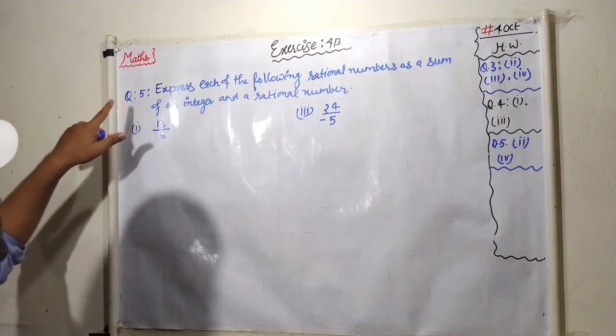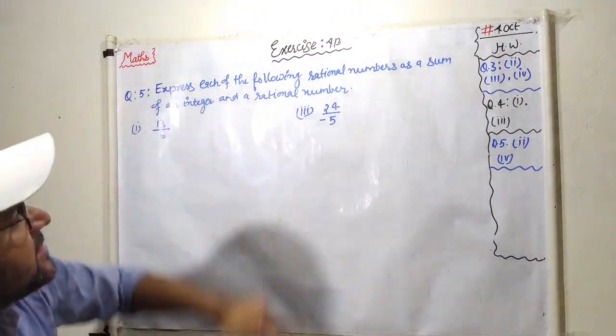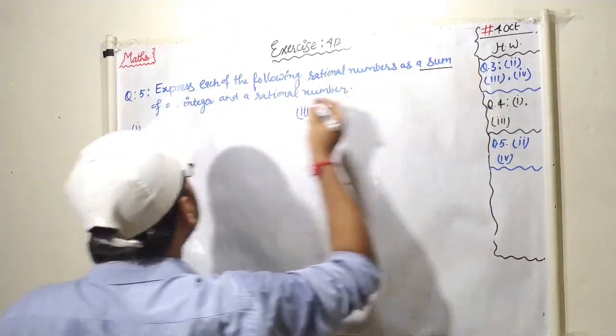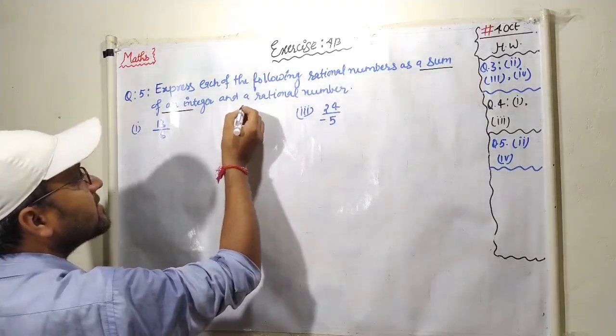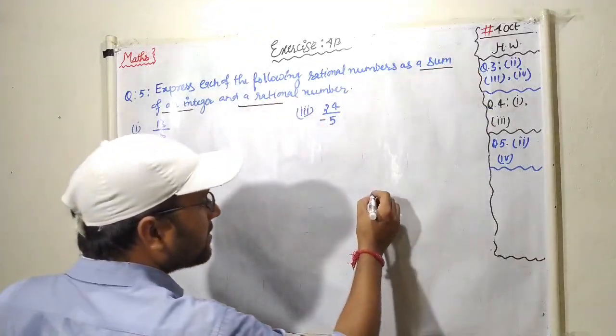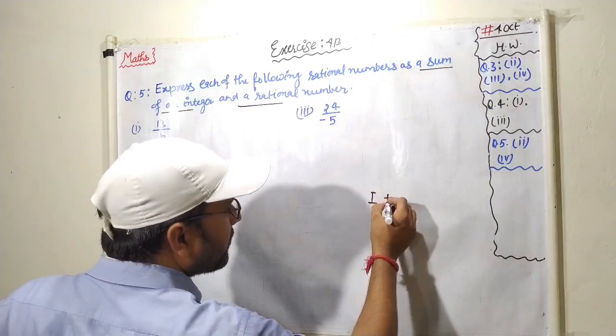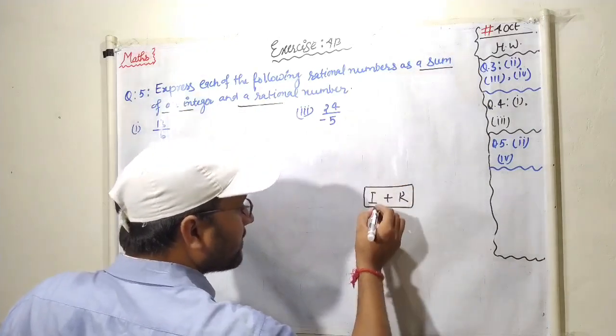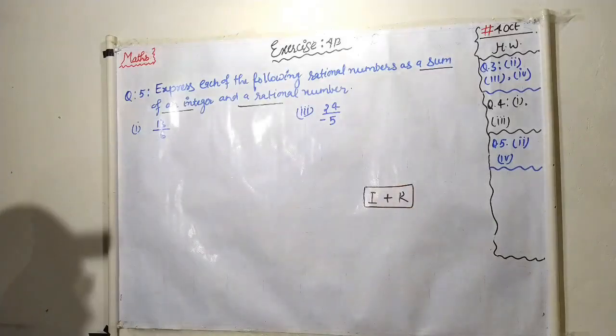Next question is question number 5. Express each of the following rational numbers as a sum of an integer and a rational number. Means that you will write as a sum of integer and a rational number. Okay, integer and rational number.